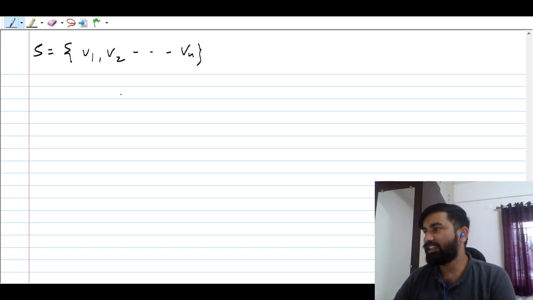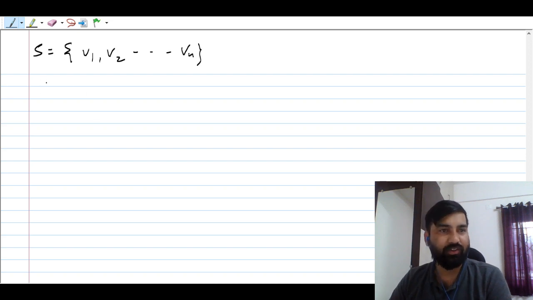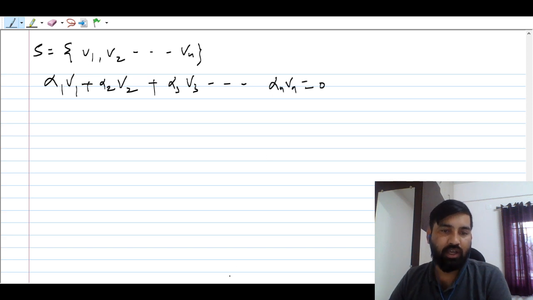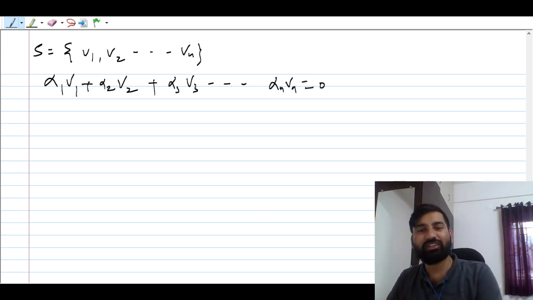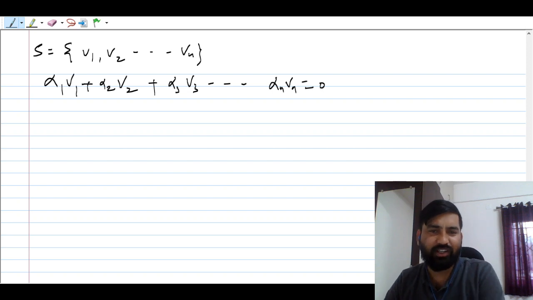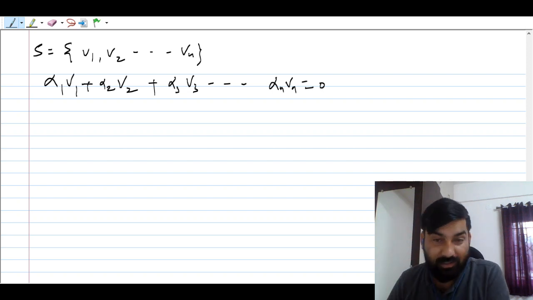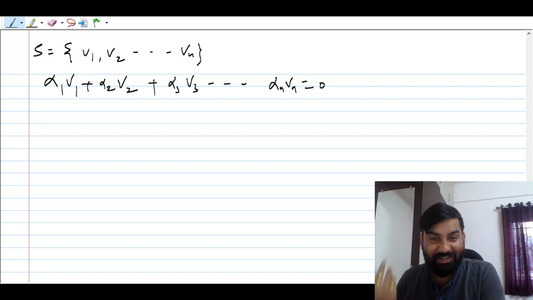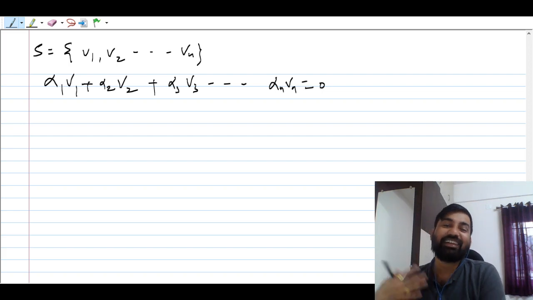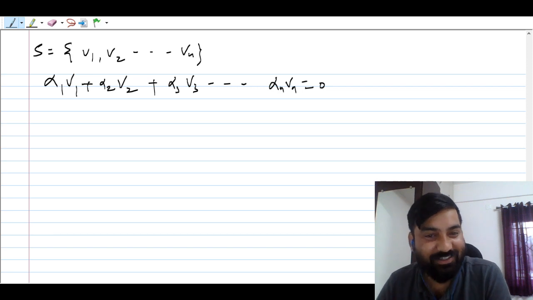So they are linearly independent if the linear combination alpha 1 v1 plus alpha 2 v2 plus alpha 3 v3 and so on to alpha n vn is equal to 0. Linear combination equal to 0 means you don't want any kind of linear combination, remember. It means none of the vectors can be written as a linear combination of another vector.